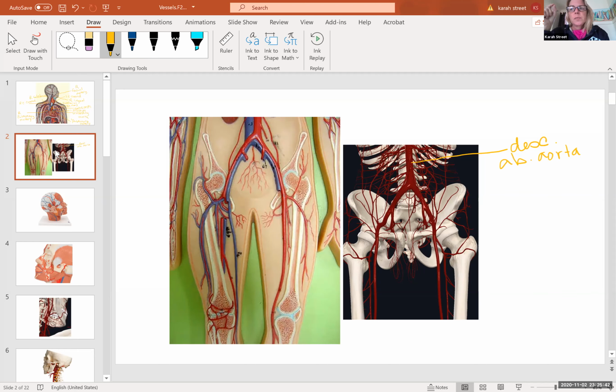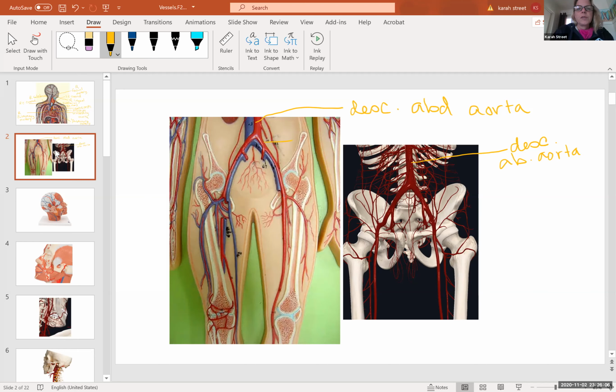And you should also make a note down here. It's the last vessel, the abdominal aorta. Some students also call it the descending abdominal aorta because it is carrying blood down the torso of the body. So here is again the descending abdominal aorta, or you could just say abdominal aorta.